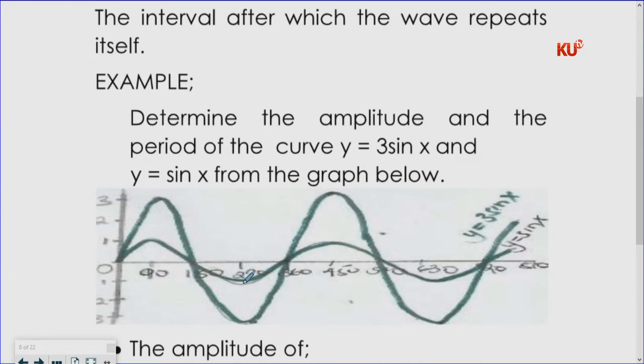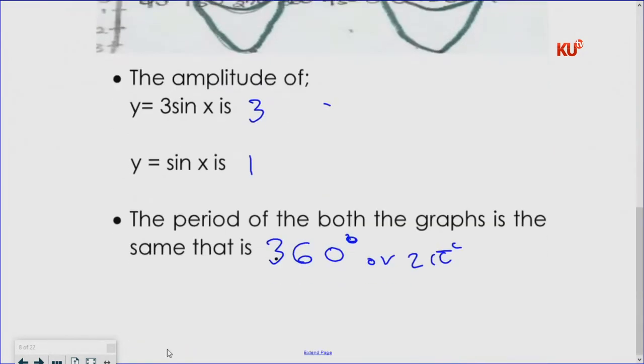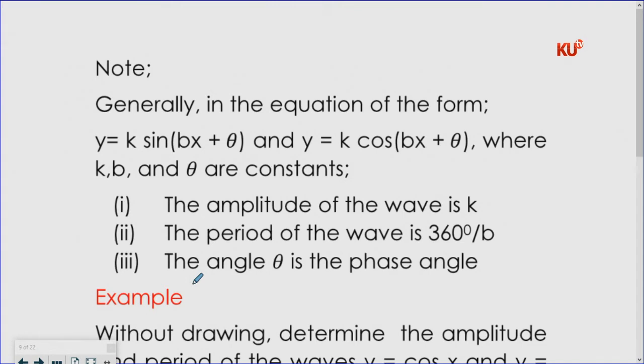And if you are to look at the second wave, the maximum point will be -1. You ignore the negative and focus on the positive. So that becomes the answer for that particular question. It's very important to note, sometimes you can be asked to get the amplitude, the period, and also the first angle without drawing.